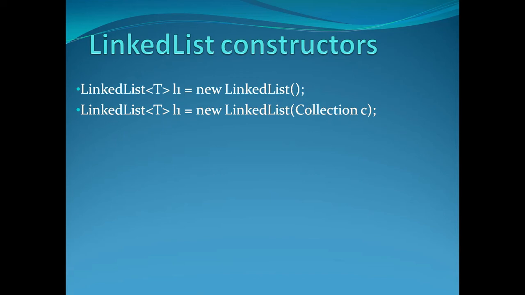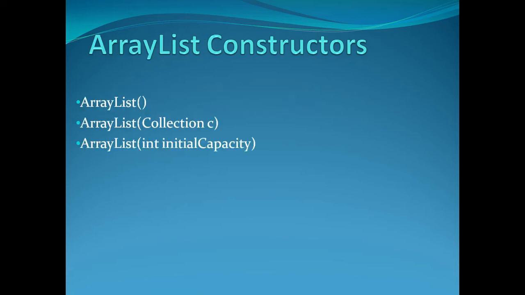In array list, if you are aware, I have already told you how many constructors there are. In array list we have three constructors: the first with no argument, the second with a collection, and one extra constructor which takes the initial capacity.